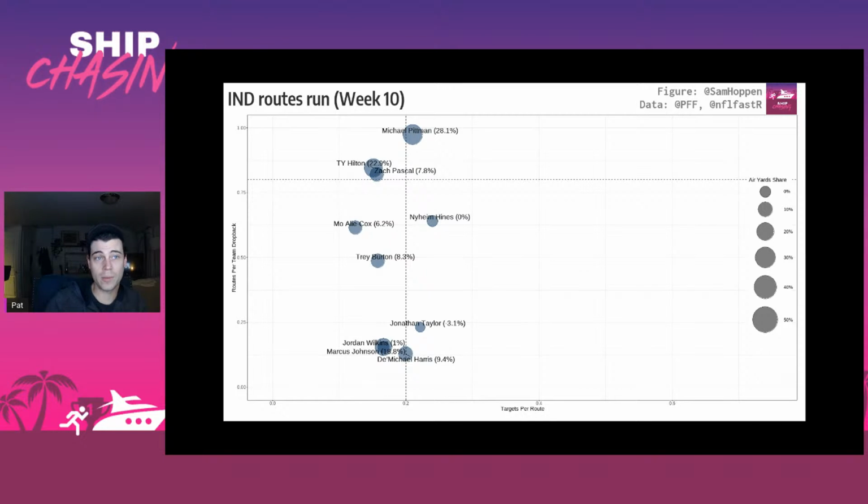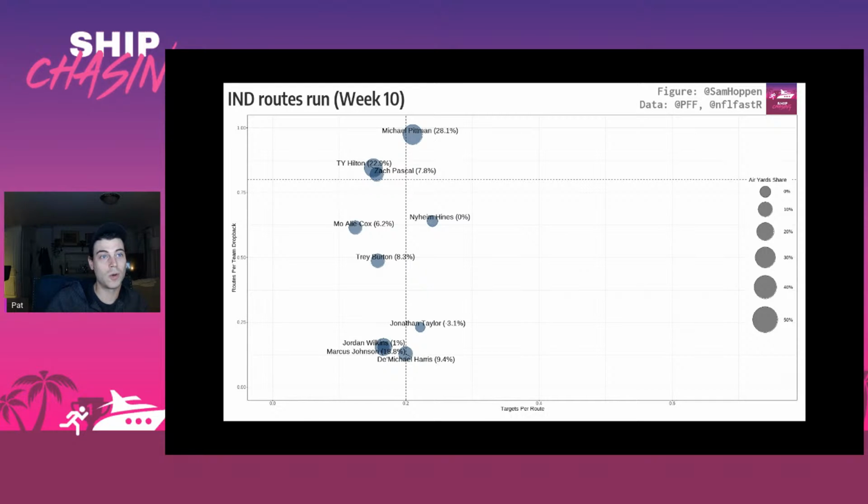That was a green zone carry, by the way, not a target as you might expect given that it's Nyheim Hines. Super interesting, right? I don't know how much we could take away from Hines' usage, but he kind of profiles as a poor man's Alvin Kamara, and that was the type of profile that we saw. Not the workload to the extent of Kamara, but still a very strong workload, and not the efficiency of Kamara, but still, hey, 10.8 points over expected is a lot.